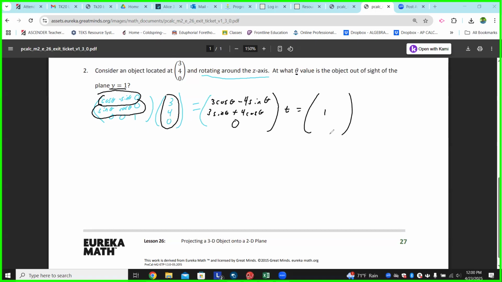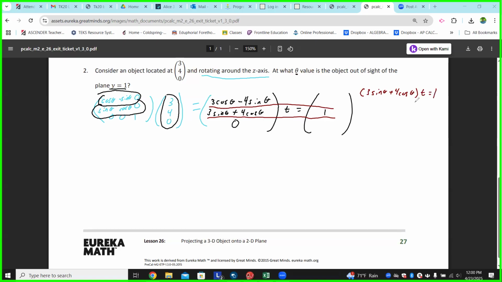All right. So therefore, what can I do to develop an equation? Good. I'm going to use this line right here to develop an equation. Now, when I do that, I get something like this: 3 sine theta plus 4 cosine theta, times t, equals 1.